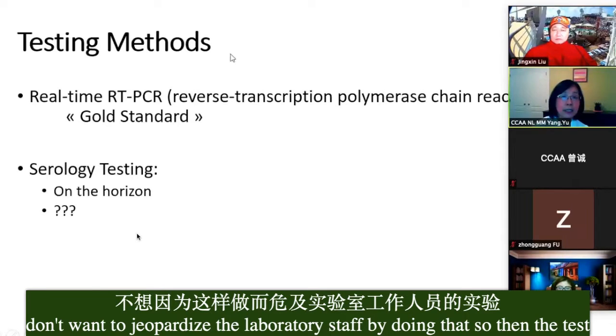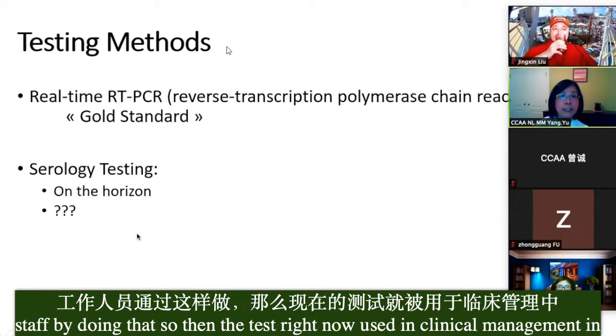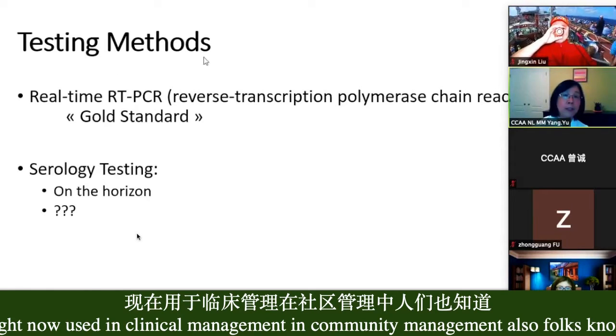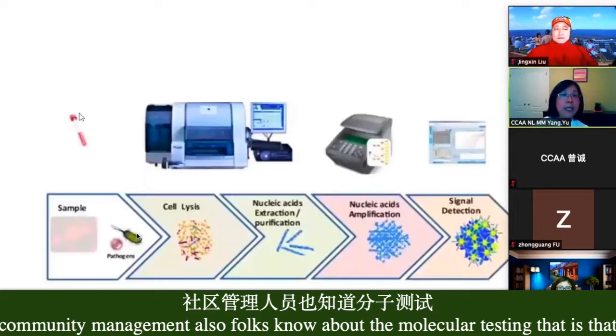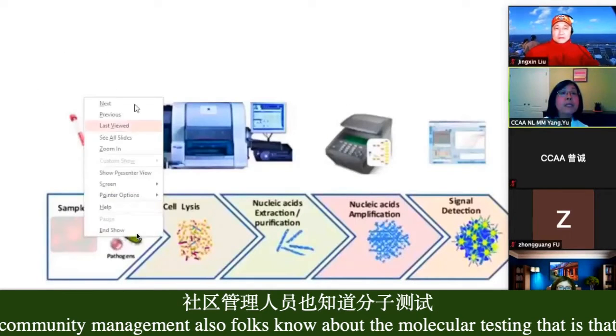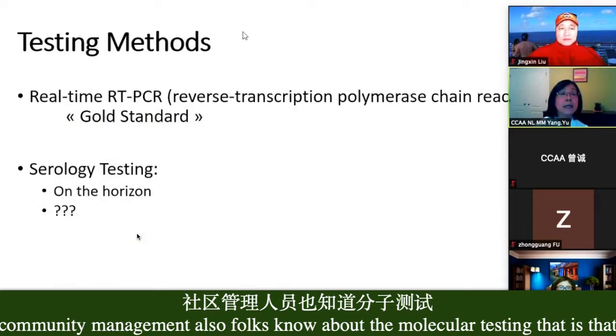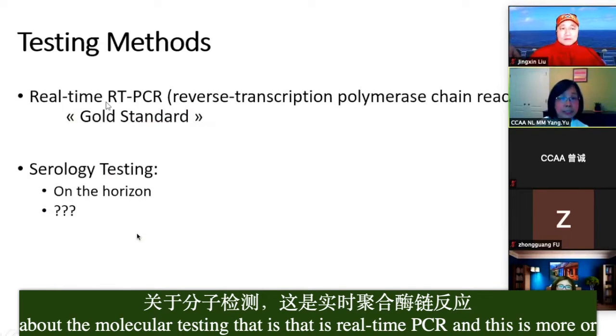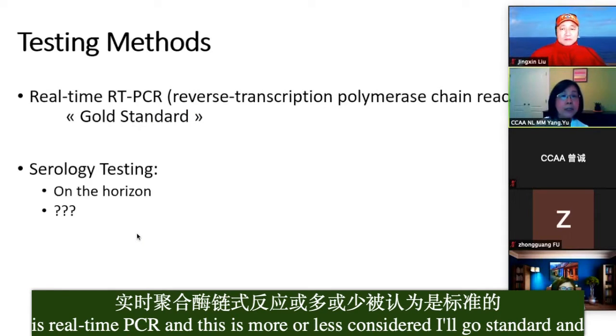So the test right now used in clinical management and community management is the molecular testing, that is real-time PCR, and this is more or less considered a gold standard.